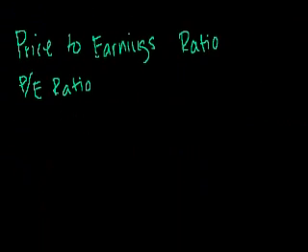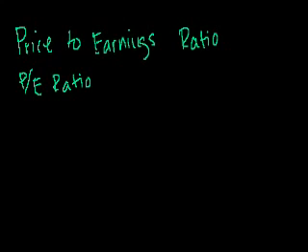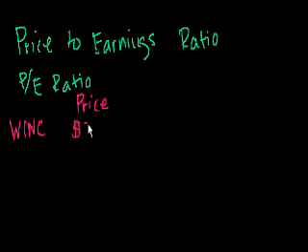But let's say that the market price, let's say that this is Widgets Inc., and its ticker symbol is WINC for Widgets Inc. And let's say it's trading at $3.50. And then we learned in the first video that a price by itself doesn't tell us a whole lot.